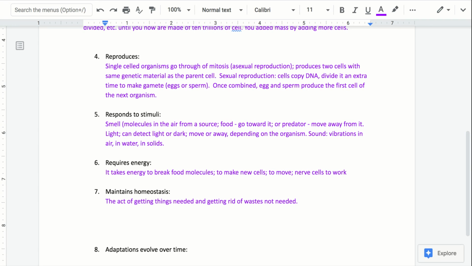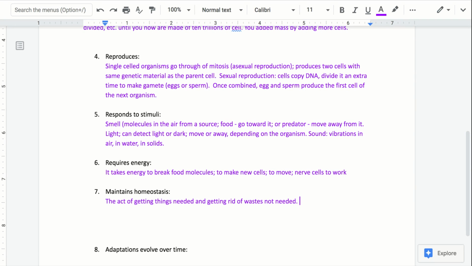For example, your cells all release energy from glucose, so they need glucose and they need oxygen to do that. But when they're done, they have produced carbon dioxide, which is a waste product and gets in the way. Too much of it can poison the cell. So you have a complex body system, your circulatory system and your respiratory system, that get rid of those things.